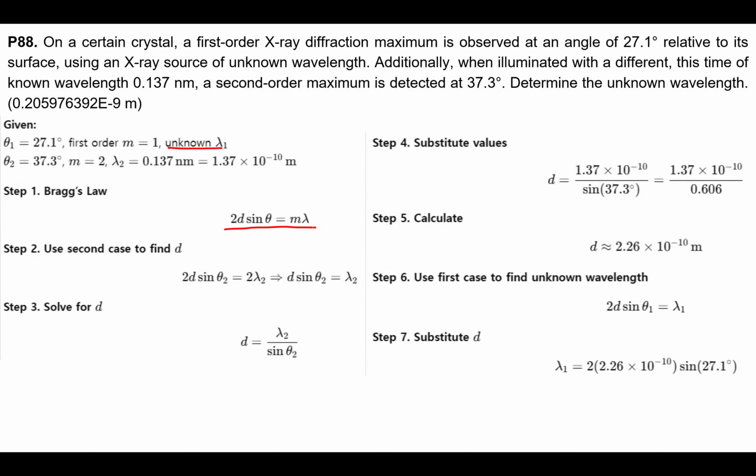We utilize Bragg's law in the second case to find what D is, because in this case theta 2 and lambda 2 are known. From the second case, we find what D is, and then use the first case to calculate the unknown wavelength. Theta 1 is known, D is now known, and then lambda 1 can be found.